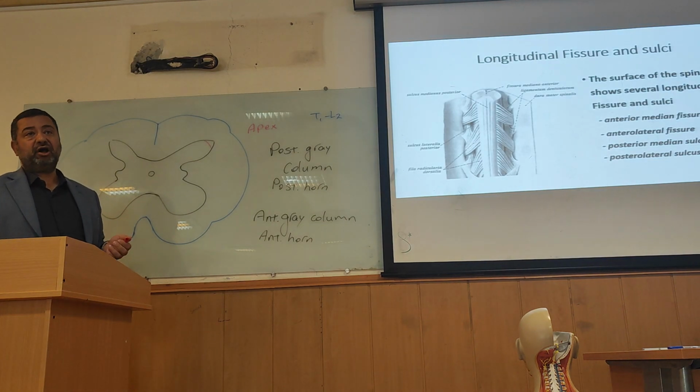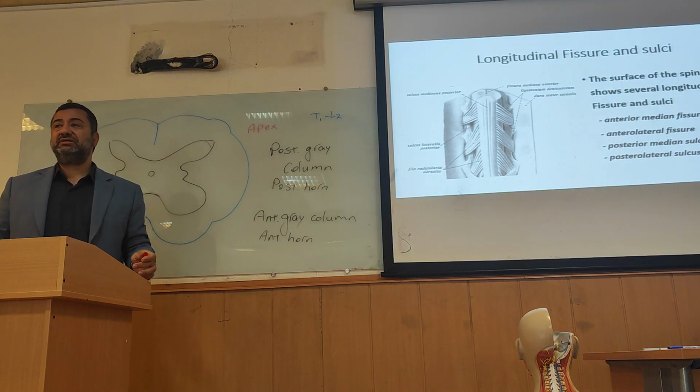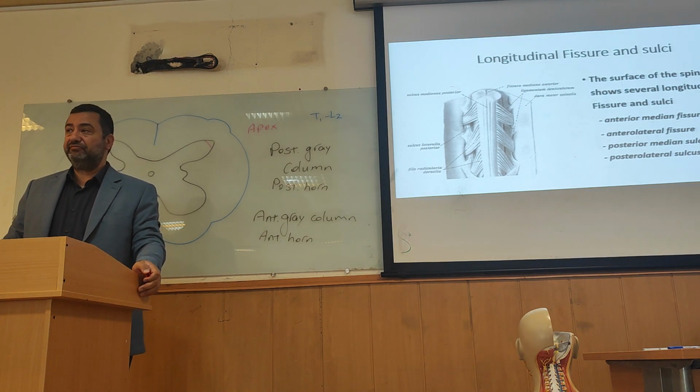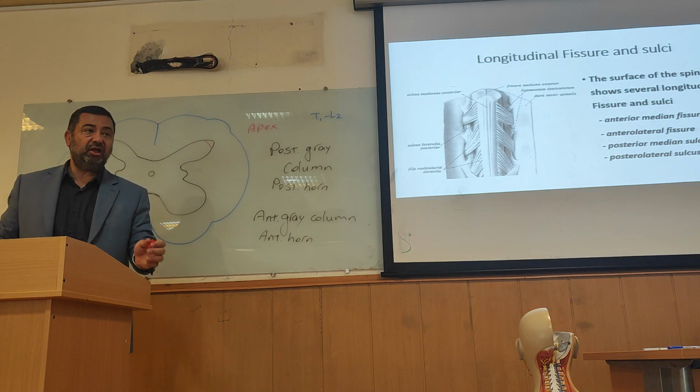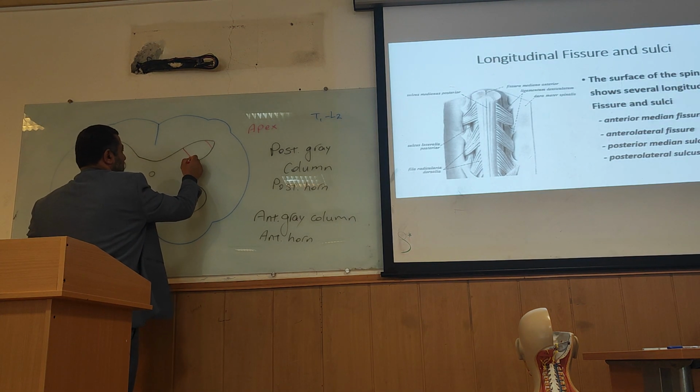On the posterior gray column or posterior horn, this posterior part is called apex or supramarginal lamina or posteromarginal lamina, apex. This area is head.